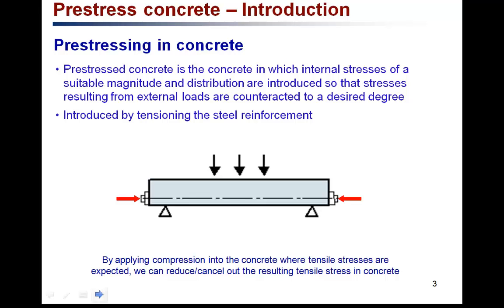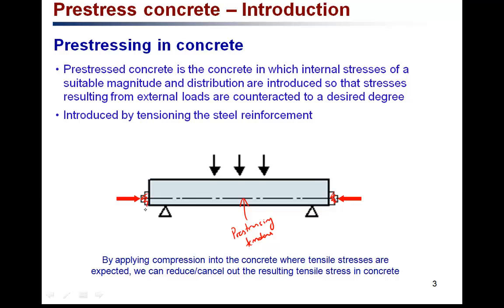Now, in a concrete structure, as we know, when the tensile stresses in concrete exceed the tensile strength of the concrete, cracks will appear. Now, if we apply compressive stresses in the concrete even before the load acts on it, which is done by tensioning these pre-stressing tendons, these pre-stressing tendons are put to tension first and then are anchored here.